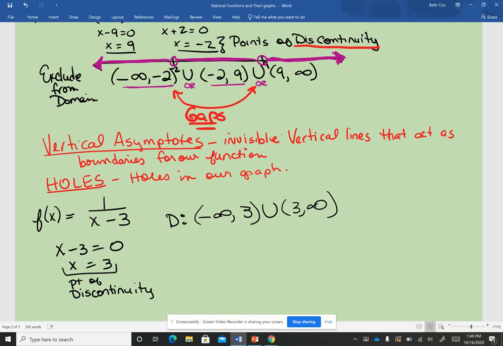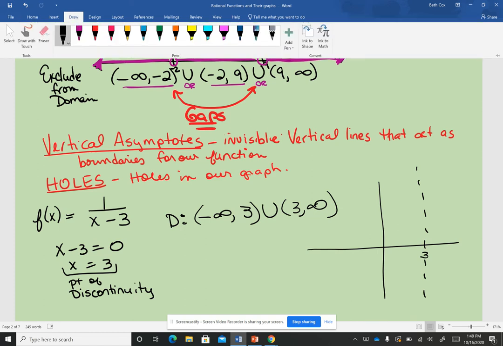So now what does this look like on a graph? On a graph, there is an imaginary, invisible vertical line. Okay, and so now when you learn about these graphs, and we're not doing these right this second, but when we start graphing them, this one is going to look like this.